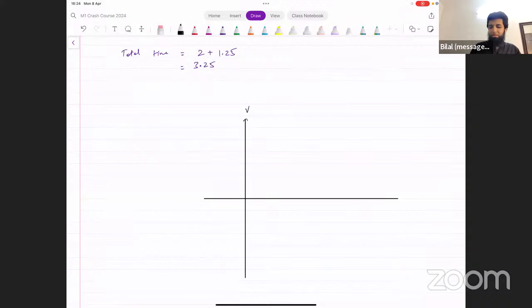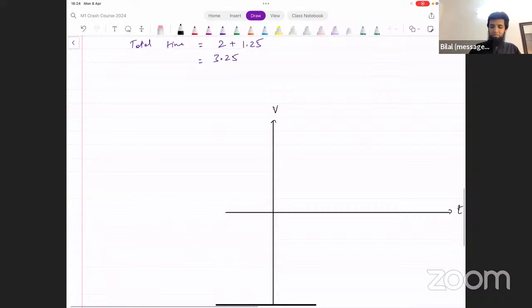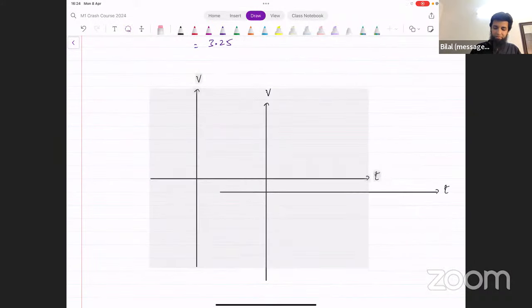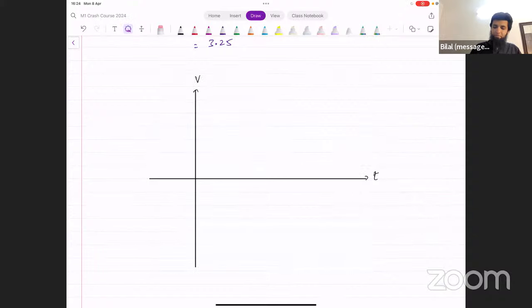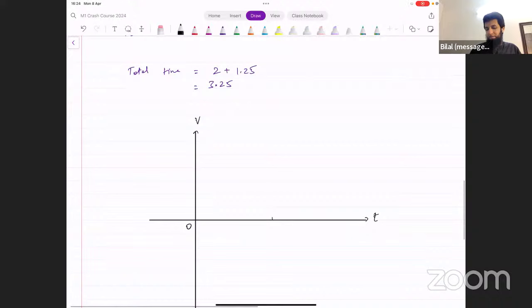Velocity on the vertical axis, time on the horizontal axis. What are the important time instances? It starts from 0, and then after 2 seconds, it hits that point y, and then at 3.25 seconds, it comes to rest at the point z.